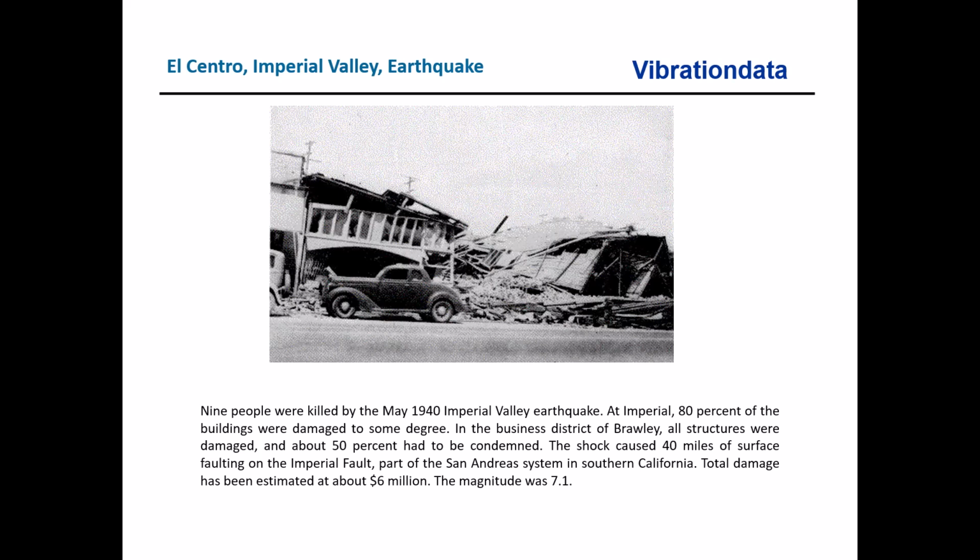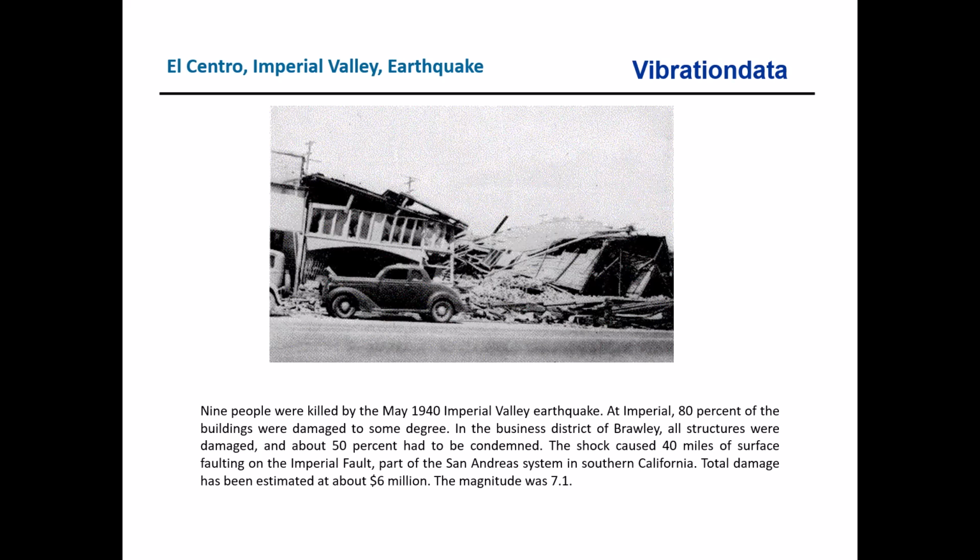The shock caused 40 miles of surface faulting on the Imperial Fault, part of the San Andreas system in Southern California. And the total damage has been estimated about $6 million. I assume that was in 1940 dollars, so in today's dollars, it would be some scale factor much higher than that number. And the magnitude was 7.1.